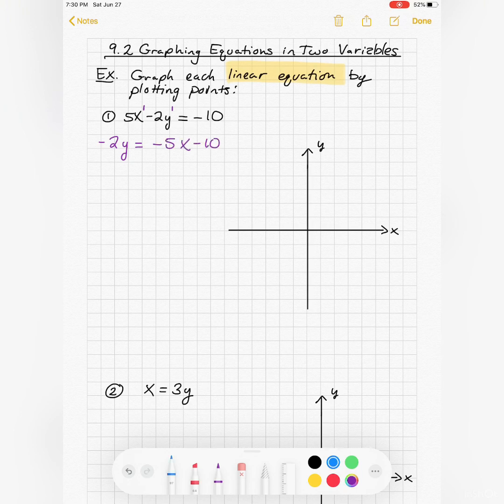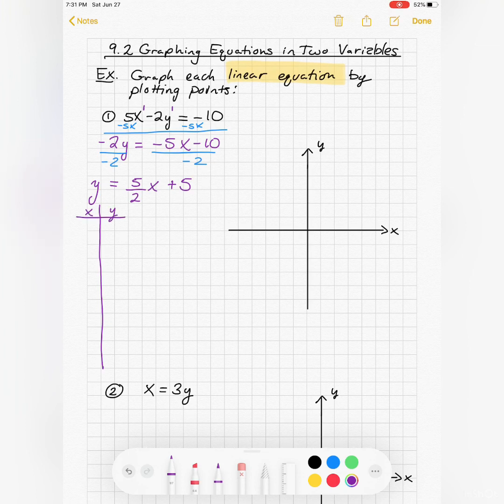Okay, so what I did there, I went ahead and subtracted the 5x on both sides. Then let me go ahead and divide by negative 2. Okay, now I'm going to make a table of values here.